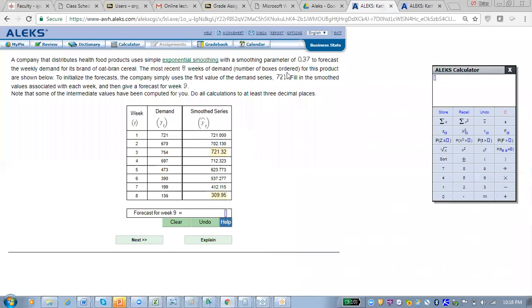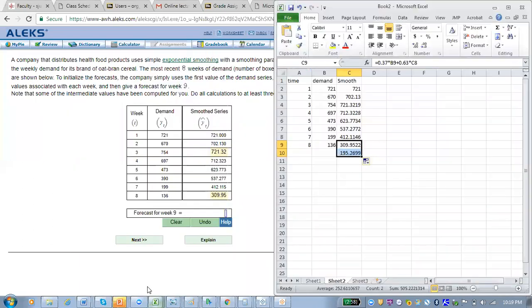All right. For this product, to initialize the forecast, the company started with 721. Fill in the smooth values associated with each week, and then give a forecast for week 9. Some intermediate values have been computed for you. Do all the calculations to 3 decimal places. So I'll double check my calculations to 3 decimal places.